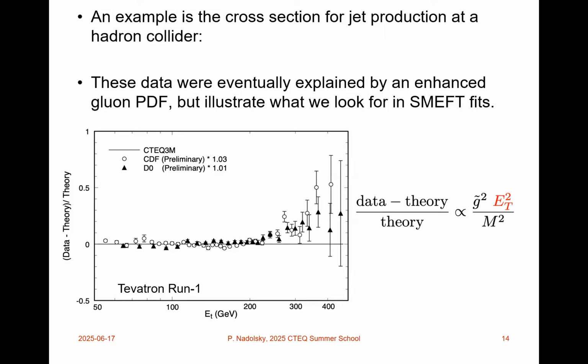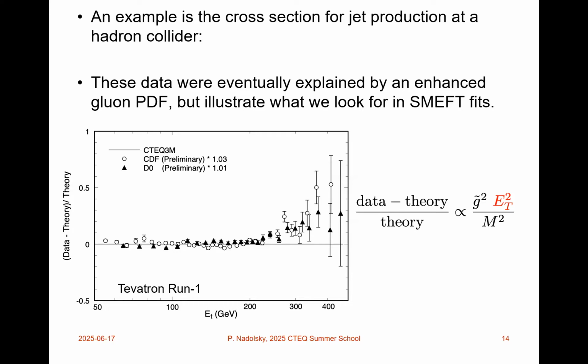In fact, one of the stories that is close to the heart of CTEQ happened when jet production was first measured at high energy at the Tevatron in the 1990s. One of the collaborations observed that the data started exceeding theory at energies of a few hundred GeV. That's precisely what you would get if some additional new particle contributes a contact interaction at large ET.